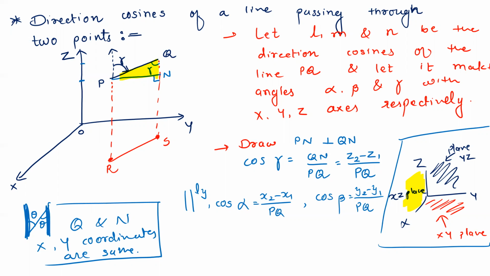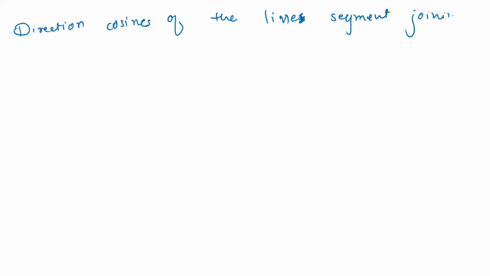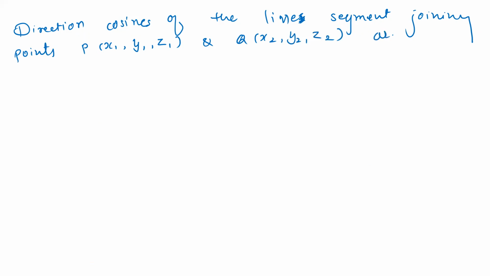If you have only one point P, it is that way; if you have 2 points P and Q, then you have to do X2 minus X1, Y2 minus Y1, Z2 minus Z1, where the coordinates of P are X1, Y1, Z1 and Q are X2, Y2, Z2. In that case, the direction cosines of the line segment joining points P (X1, Y1, Z1) and Q (X2, Y2, Z2) are the direction cosines. How do we write them? Direction cosines are alpha, beta and gamma.